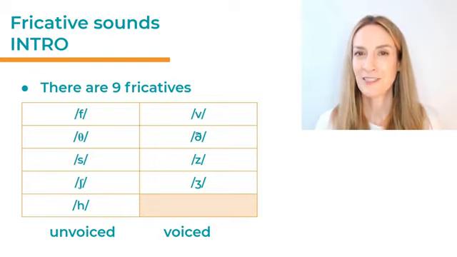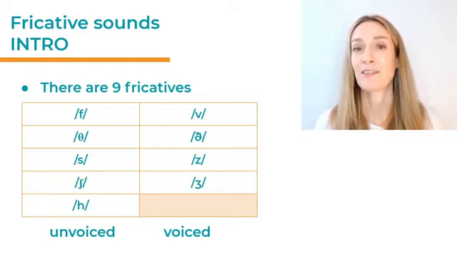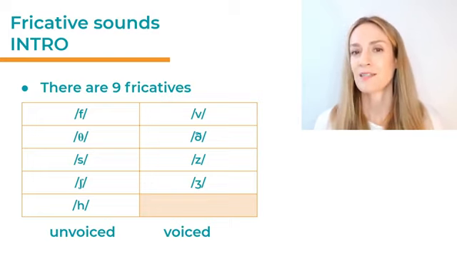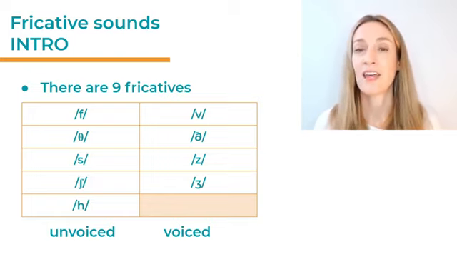Now, it's really important to learn about these 9 fricatives and how to pronounce them properly, because some of these might not exist in your first language. I know, for example, th and the voiced th do not exist in German.